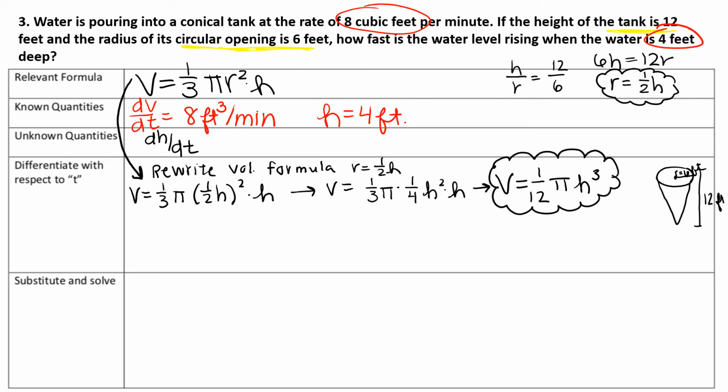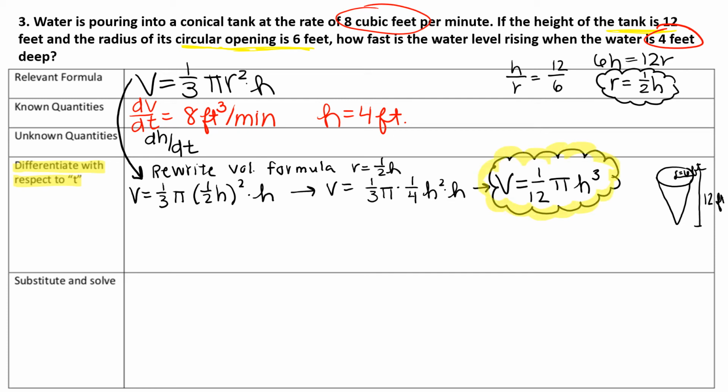So now we've completely rewritten this volume formula in terms of the ratio of the radius to the height of our current tank, and now we are able to solve the problem with only the information that we have. Now that we've done that, we can go ahead and differentiate with respect to t our new volume formula.